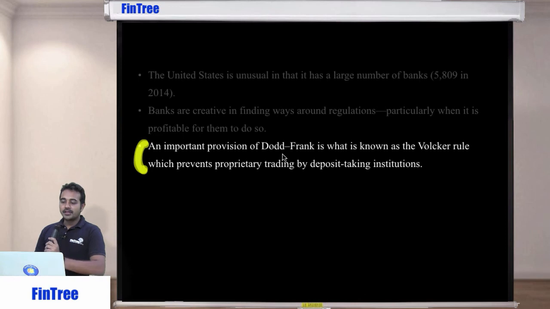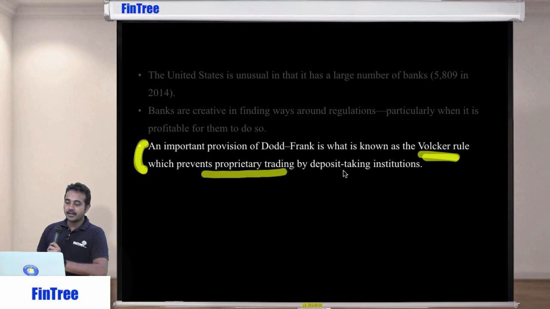An important provision of Dodd-Frank is what is known as the Volcker Rule, which prevents proprietary trading by deposit-taking institutions. Not from an exam perspective, but maybe from an interview perspective, if you ever get interviewed in this section, you should have it in your notes.